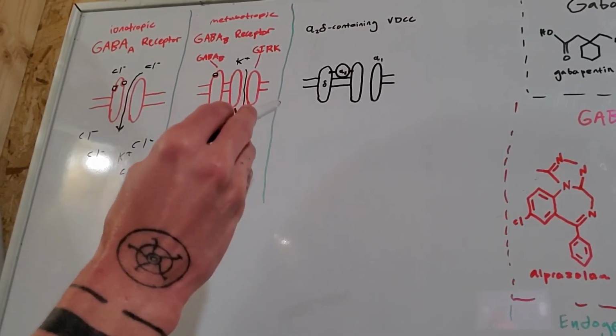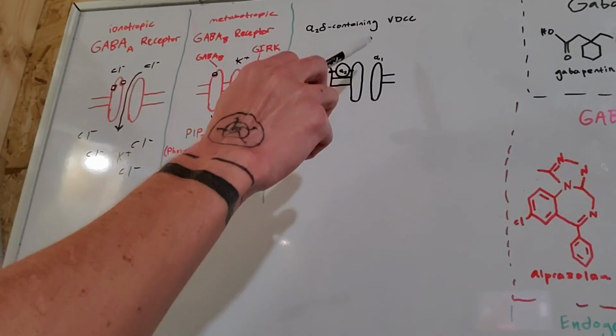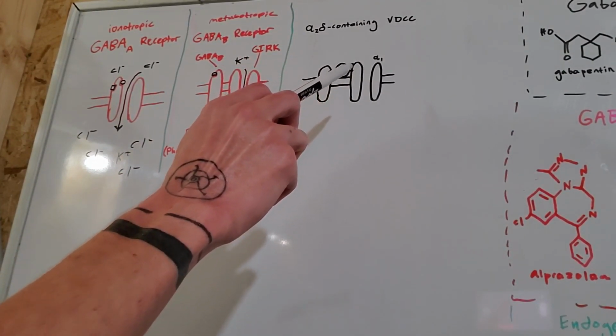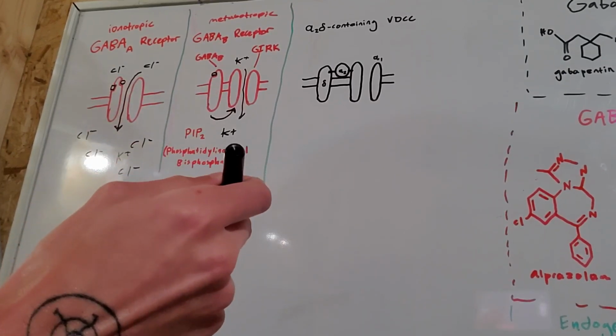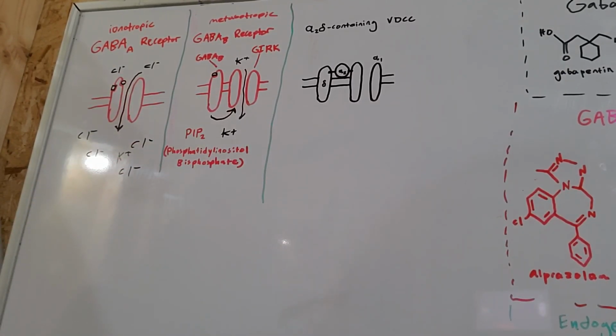With the alpha-2 delta containing VDCCs, first of all, VDCC means voltage dependent calcium channel. It's also called VGCC, voltage gated calcium channel. And the reason it's called that is because, like NMDA receptors, they open when the associated neuron is sufficiently depolarized. So it's required that the associated neuron already has a degree of depolarization.